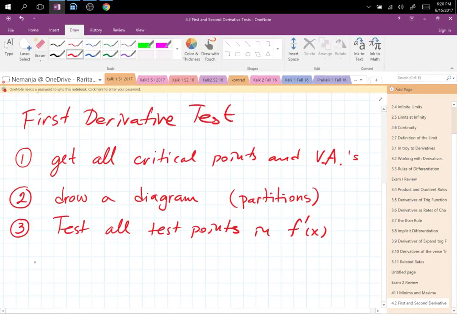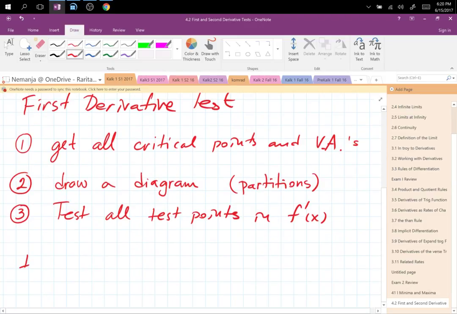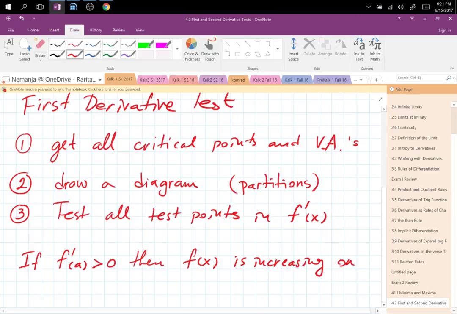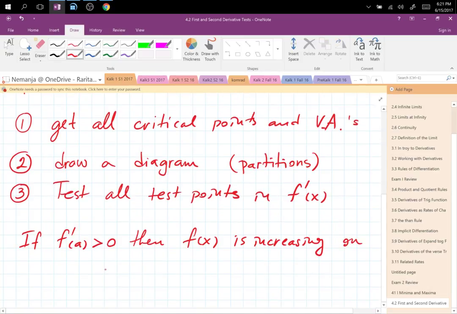And now here's the first derivative test. It says if f prime computed at a is larger than 0, then f of x is increasing on that part of the domain.